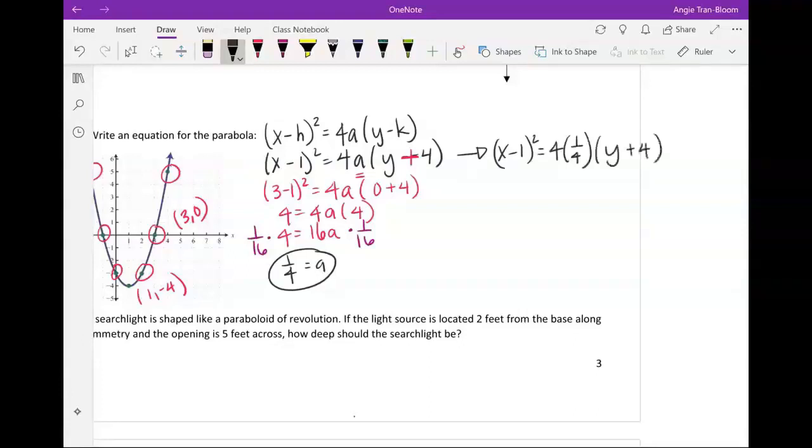Yes, you must always simplify. So final answer is x minus 1 squared equals 4 times a quarter is 1, which you technically don't need to write the 1 in front. Yes, you may, but you don't have to. And this is as far as you need to go.